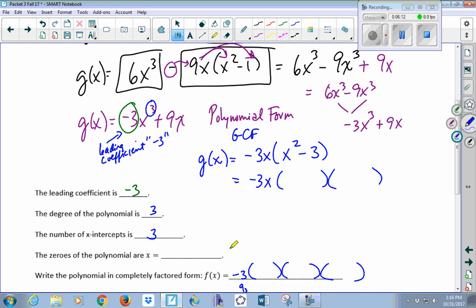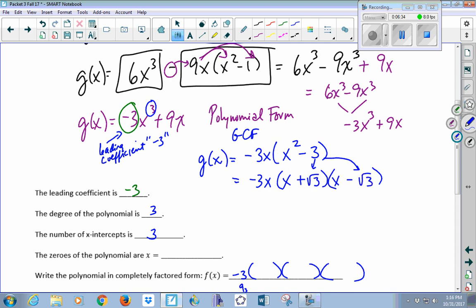It doesn't have to be a perfect square here. I mean, if this was x squared minus 9, you'd write x plus 3, x minus 3, because 3 would be the square root of 9. But it doesn't matter. You can write the 2 conjugates, and the number that goes in each of these spots is the square root of 3.